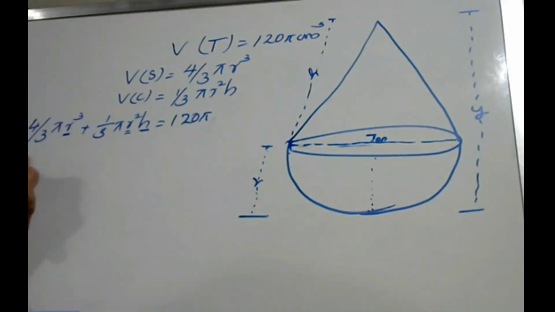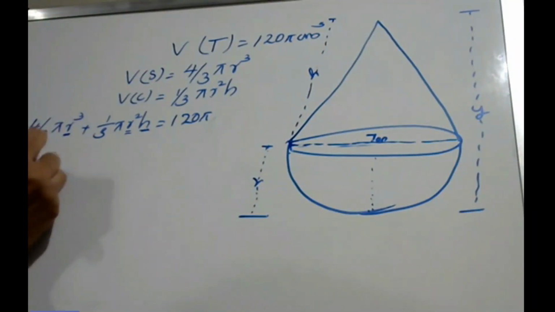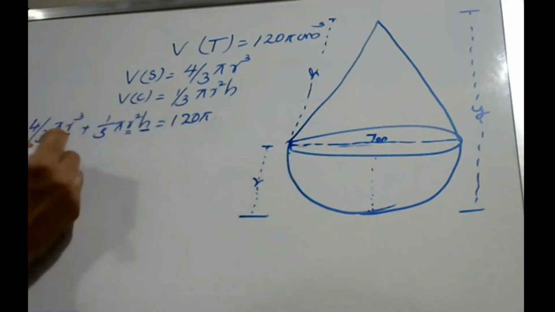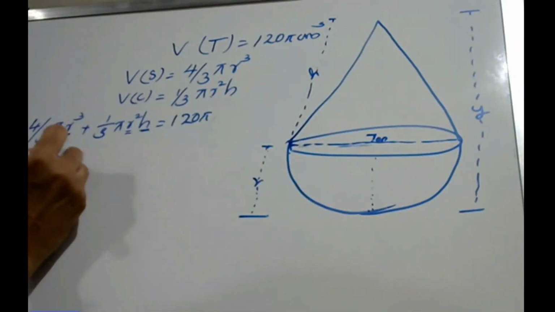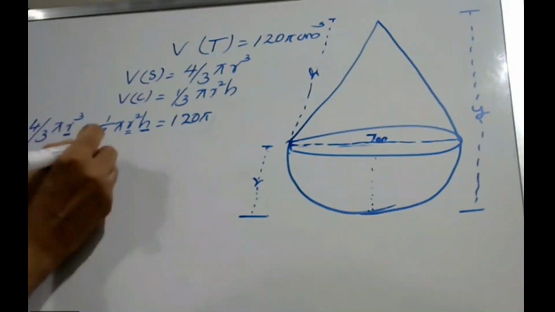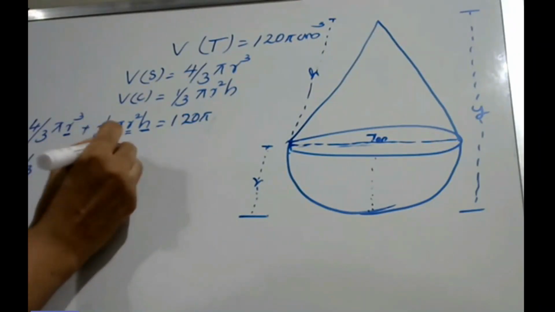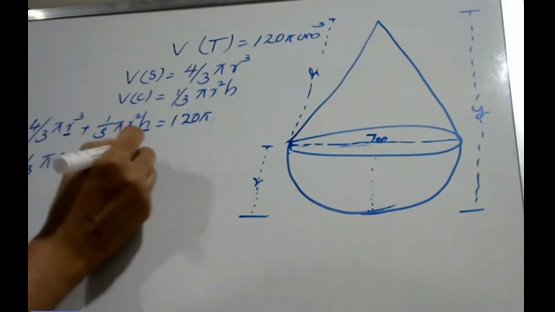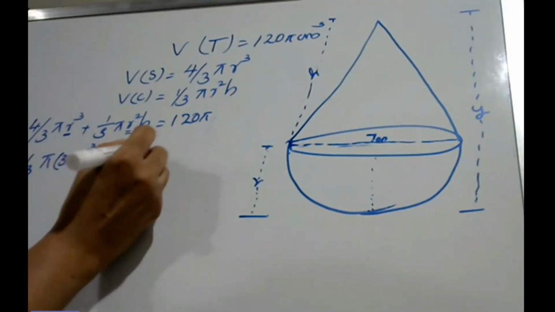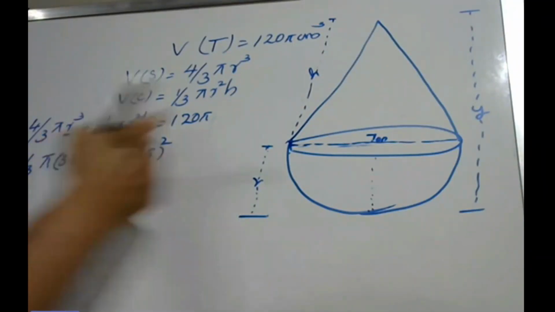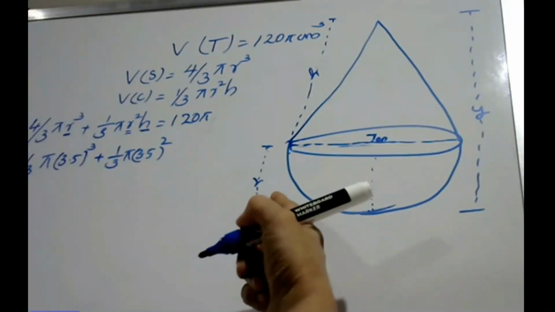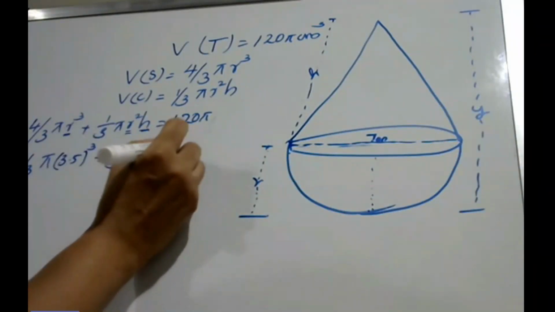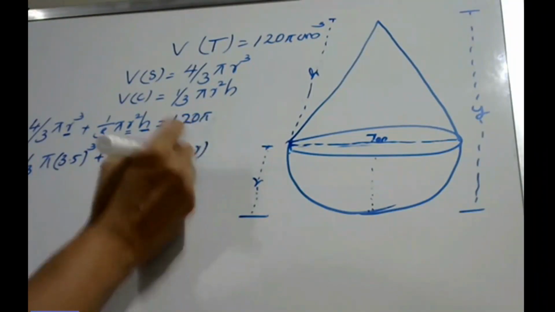Okay, so I can write this as 4 over 3 pi. The r value we know, 7, so half of 7, which is 3.5, cubed, plus 1 over 3 pi 3.5 square h. Instead of h, I am writing it in terms of y and r, so this is y minus r.